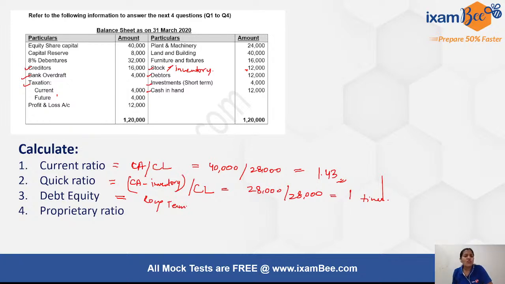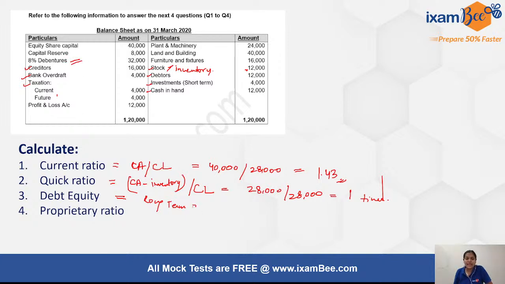However, bank overdraft we can exclude, because that is for the time duration when you are utilizing more than the credit limit that you have. So in that case, bank overdraft here is not taken, but you will take into account your long-term debt, and your long-term debt here is 8% debentures.